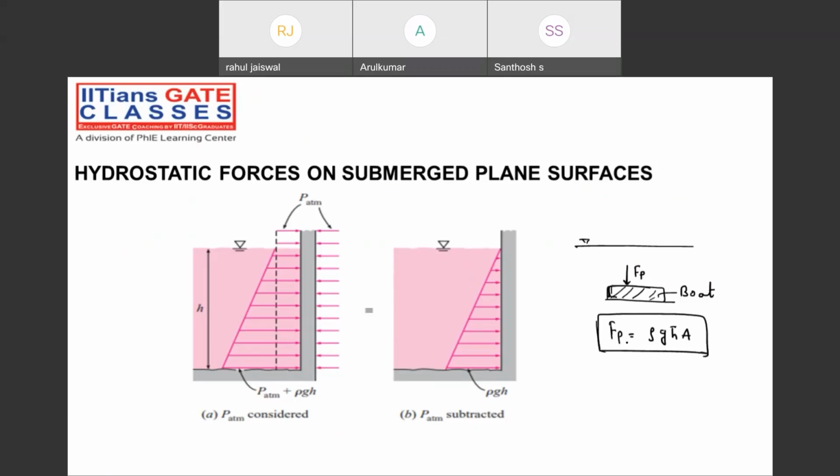The hydrostatic pressure force on a submerged plane surface can be calculated as rho G H bar into A. H bar is the centroidal distance of a body from the free surface.